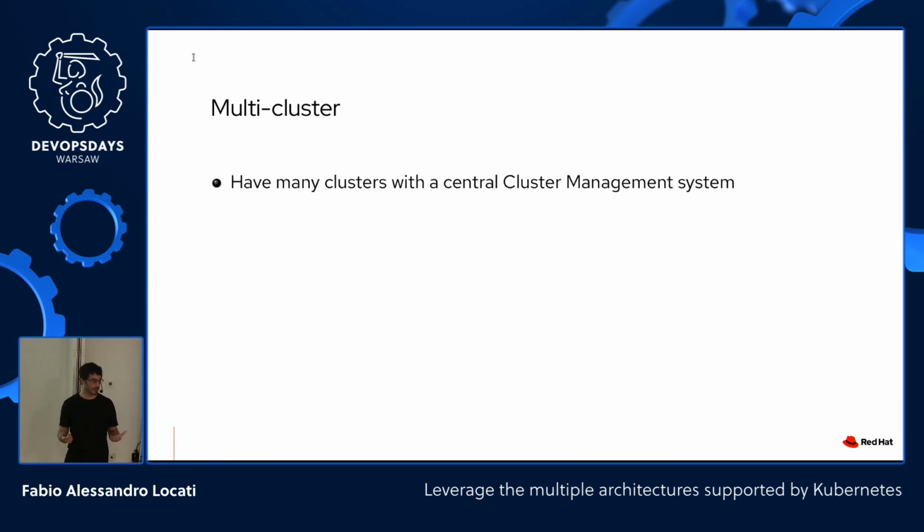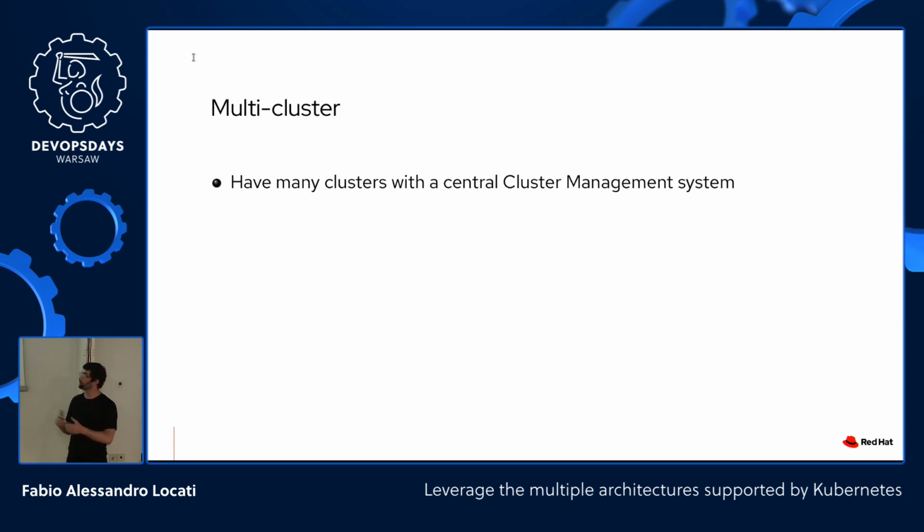The multi-cluster option will give you a lot of different clusters to manage. And in the end, you will probably end up having a central management system for multi-clusters. There are a few examples, open source, closed source, it does not really matter. But the fact is you will need a higher level of abstraction over the cluster.